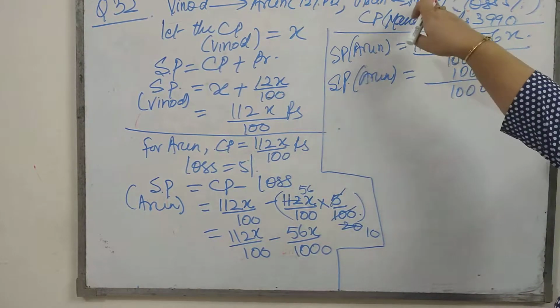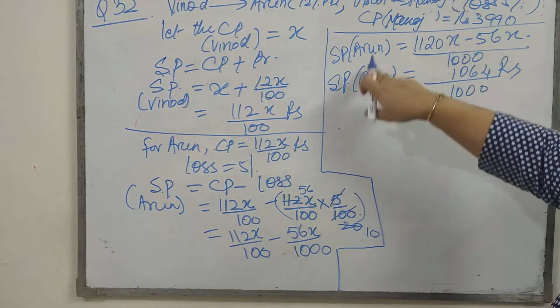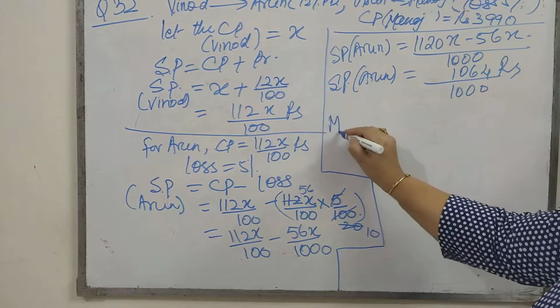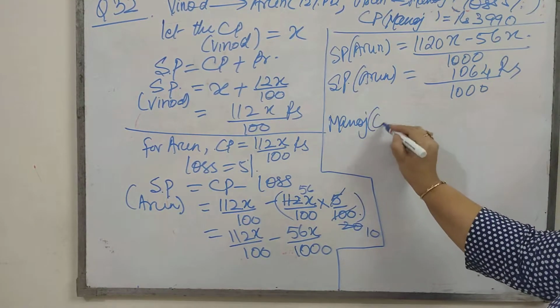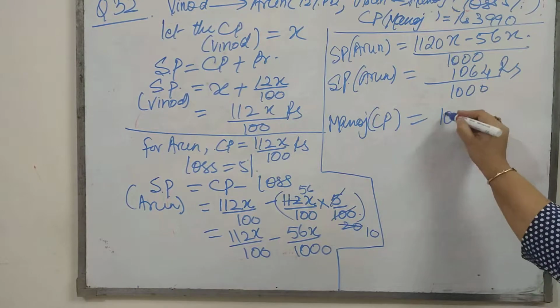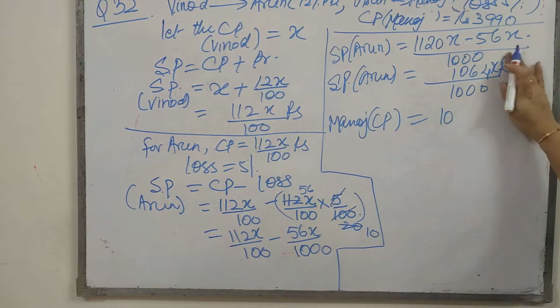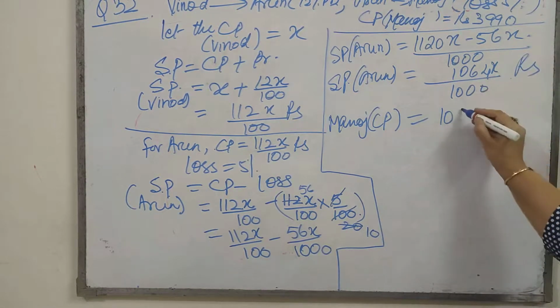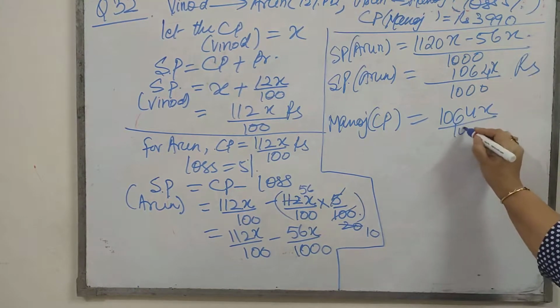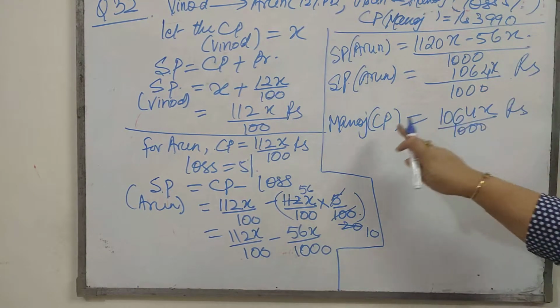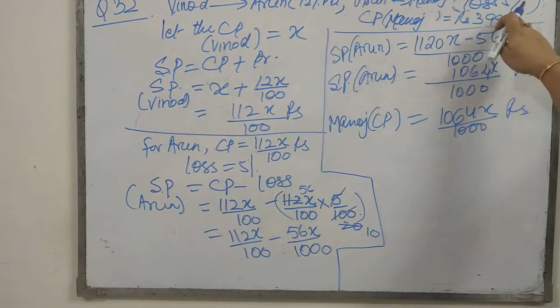Arun has sold it further to Manoj. So whatever is the SP of Arun will be the CP for Manoj. For Manoj, the CP is, let's put X here again, 1064x upon 1000 rupees. Now CP of Manoj is already given, 3990.